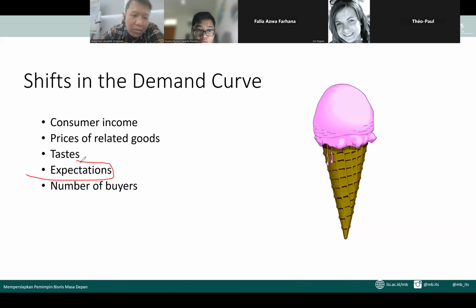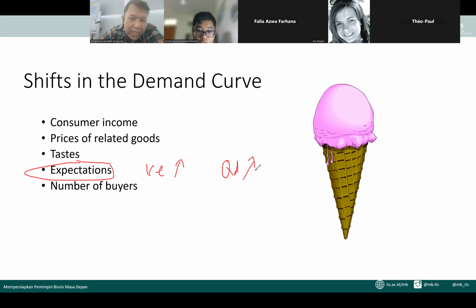Let's try to discuss expectations. This is the future expected price. Let's say that in the future, the price of ice cream will increase. What do you think will happen to the quantity demanded today?